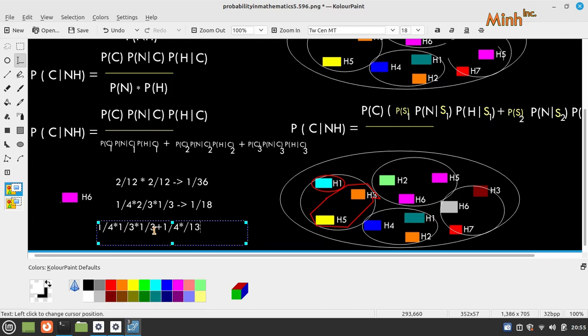Let's see how much it is. If I add these two, then it would come to 1 by 2. How much will it come? 1 by 2 into 1 by 3 into 1 by 3. So that would lead to again 1 by 80.